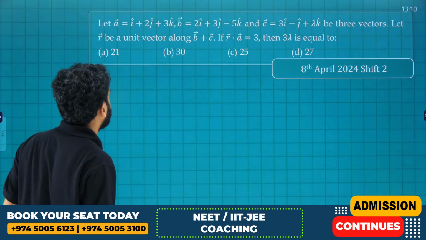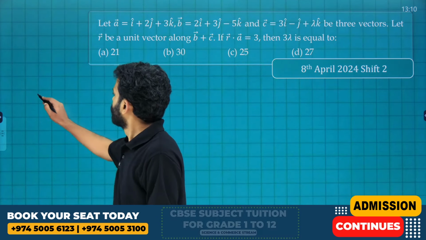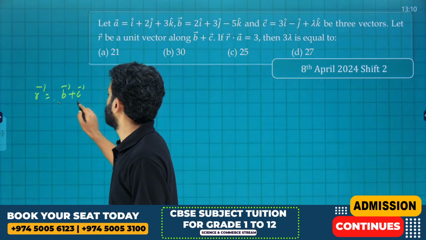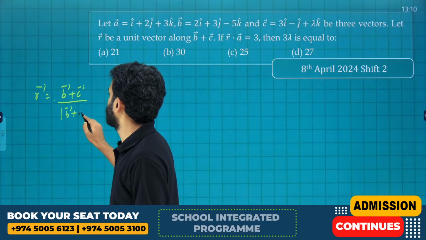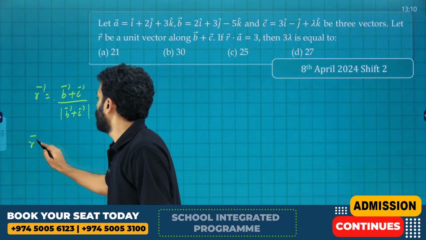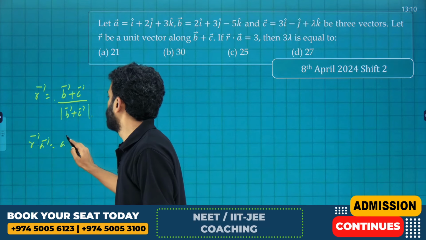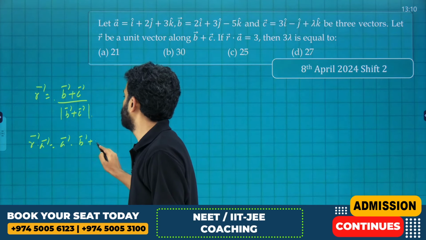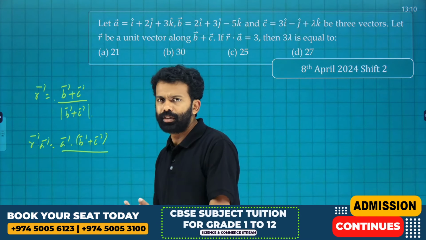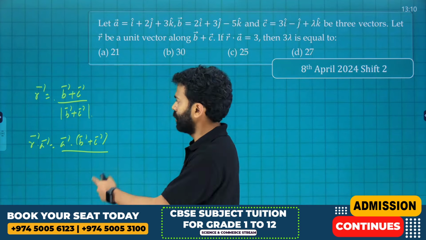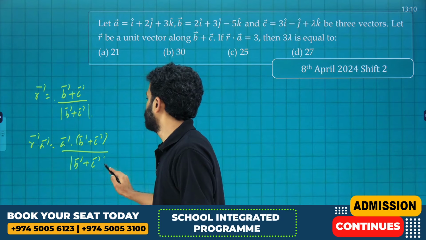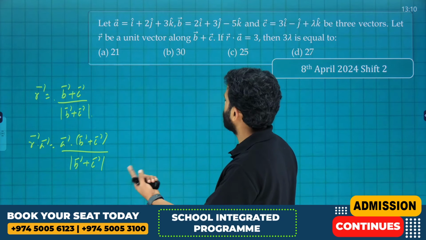Vector R is a unit vector along vector B plus vector C. That is, vector R is equal to vector B plus vector C divided by the magnitude of vector B plus vector C, and dotted with A. That is, vector R dot vector A is equal to vector A dot vector B plus vector C. See, vector addition is commutative, so left hand side or right hand side does not matter much. And the magnitude of vector B plus vector C we can formulate exactly like the previous question.